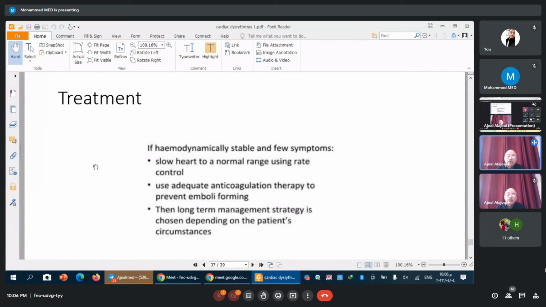Okay? If there is bleeding as well, you better give fresh frozen plasma because fresh frozen plasma has the coagulation factors already in it, while if you give vitamin K, the liver will synthesize the coagulation factors from vitamin K. So if you are in a hurry, there is bleeding, fresh frozen plasma.